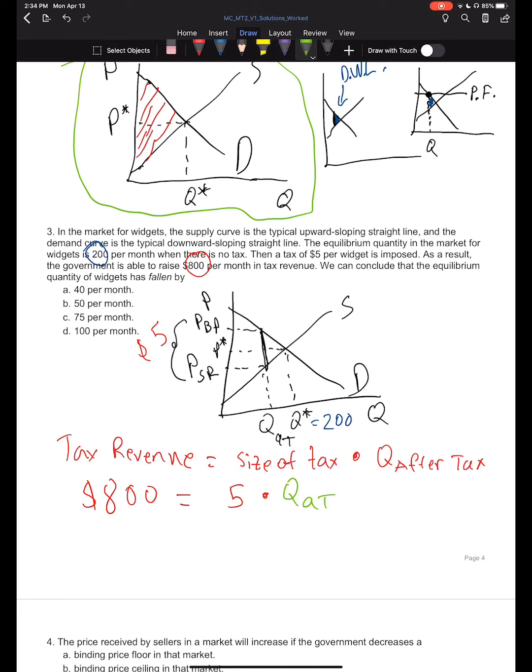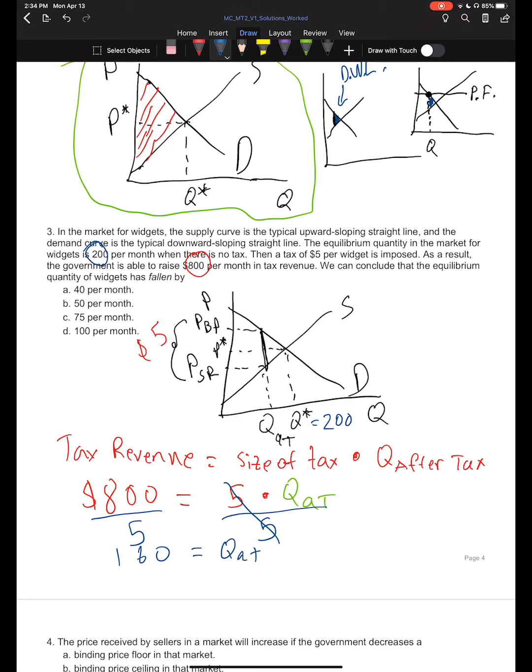So setting up that total revenue function, we divide both sides by 5. So now we have that 160 equals the quantity after the tax.